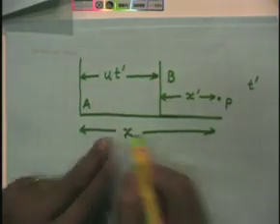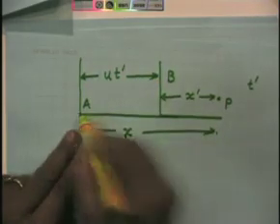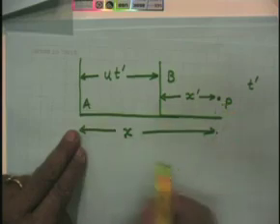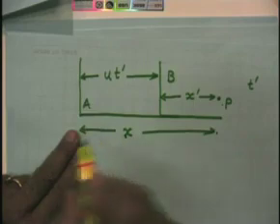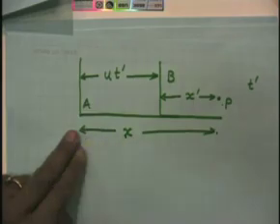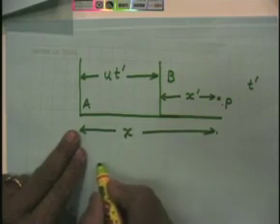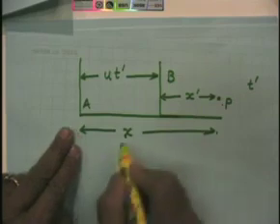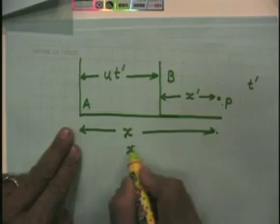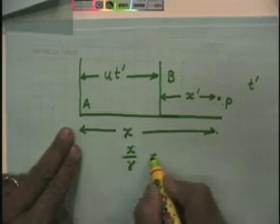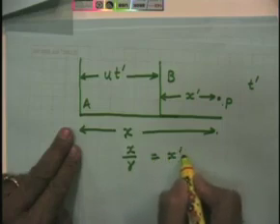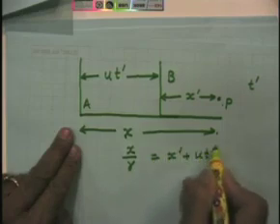This distance x between the origin and the point P is measured by A. So, B will measure a contracted distance. What she will say is that the contracted distance that B will measure will be x by gamma. So, x by gamma is equal to x prime plus u t prime.